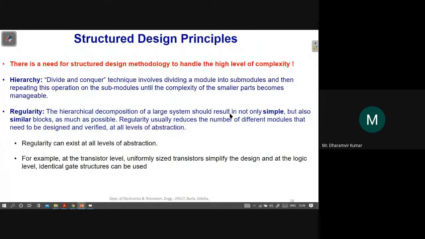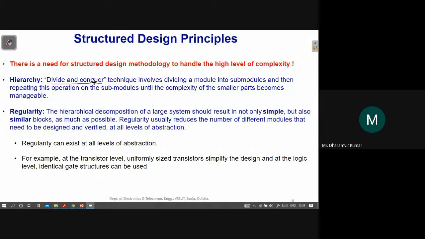So let's continue with this. There are some principles called structured design principles that are very important according to VLSI design methodology. Hierarchy is obviously one concept that can be used for breaking down a complex system into smaller ones and then designing them.